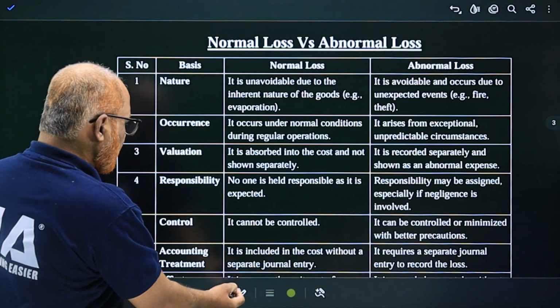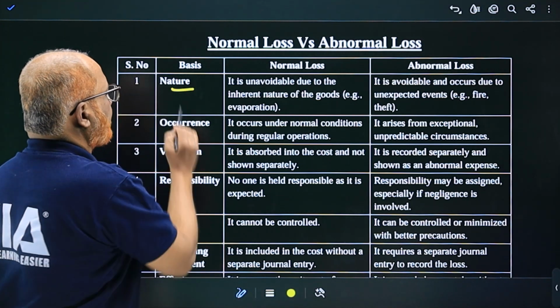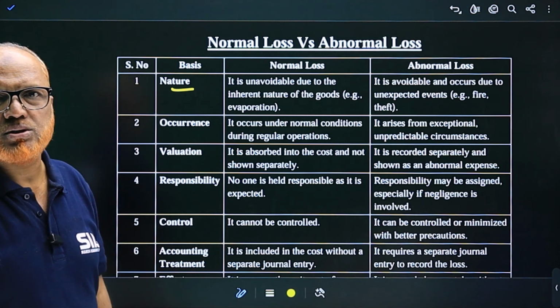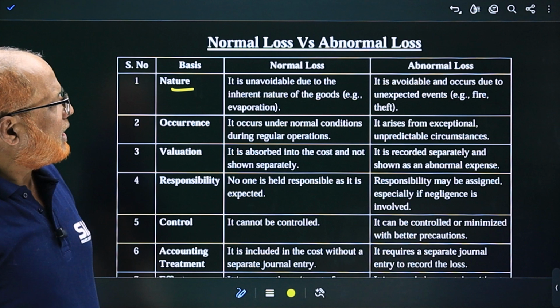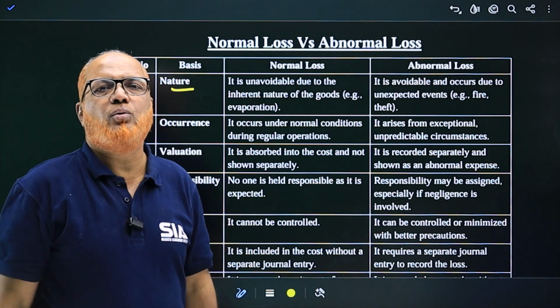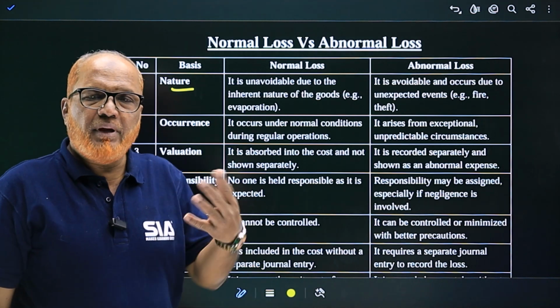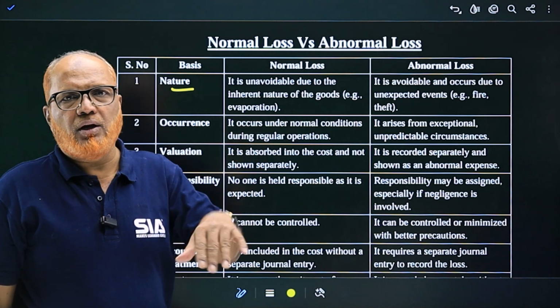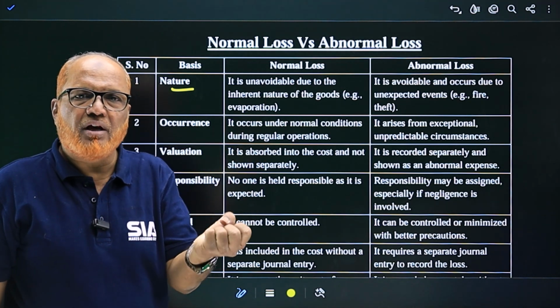First of all, we classify on the basis of nature. What is the nature of normal loss and what is the nature of abnormal loss? The normal loss is unavoidable due to the inherent nature of the goods. The goods may be evaporated. The goods may be wasted due to loading, unloading. The goods may shrink.